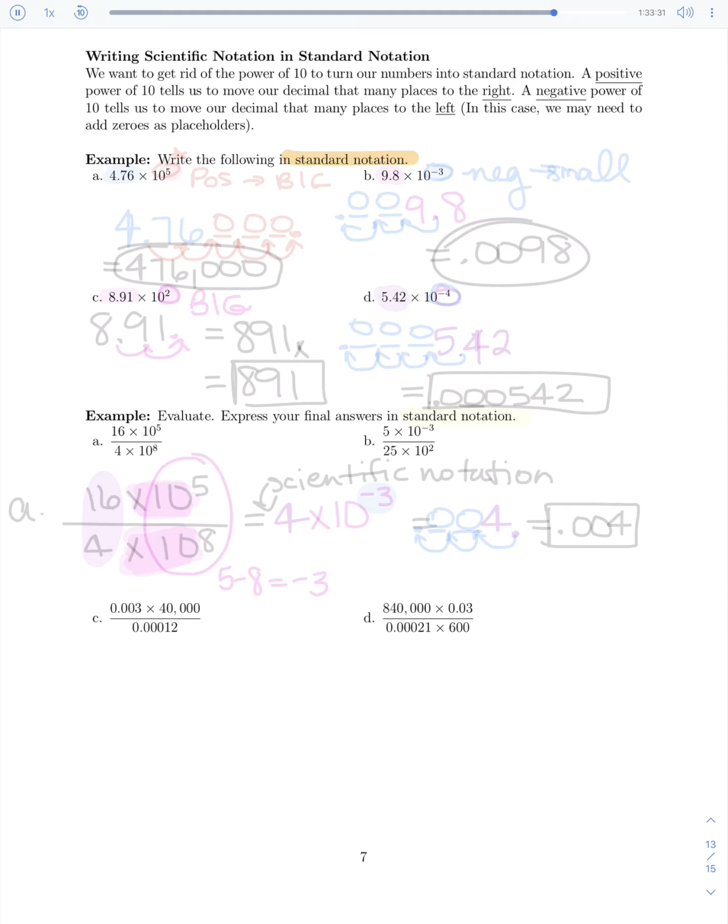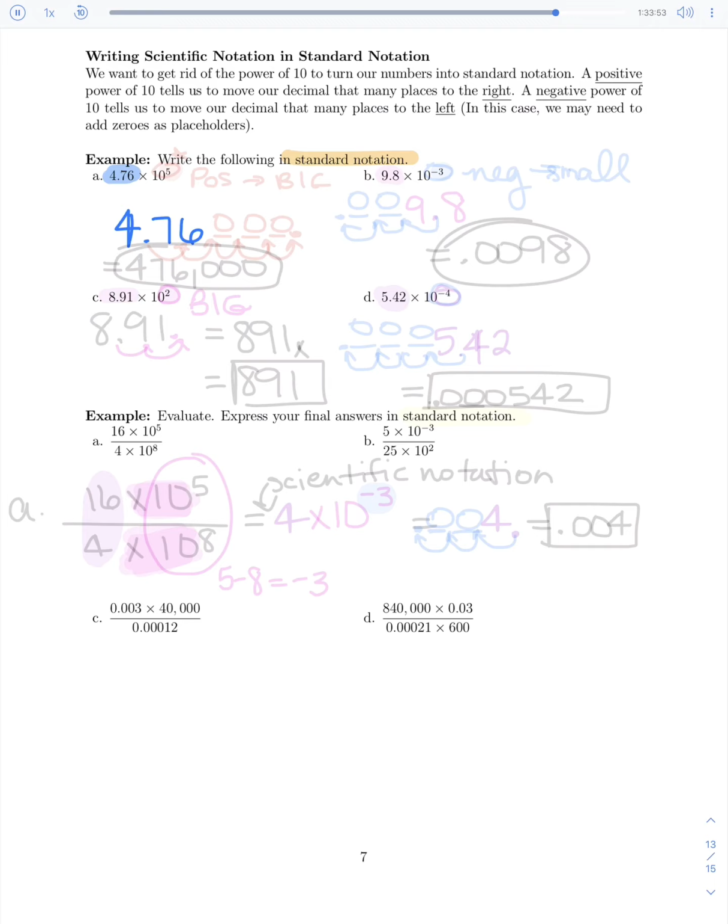So what we're going to do is on this first one, we've got 4.76 times 10 to the 5th. Well, what that does is it tells us where to start. And it tells us that you need to start with the number that's out in front, which is the 4.76.